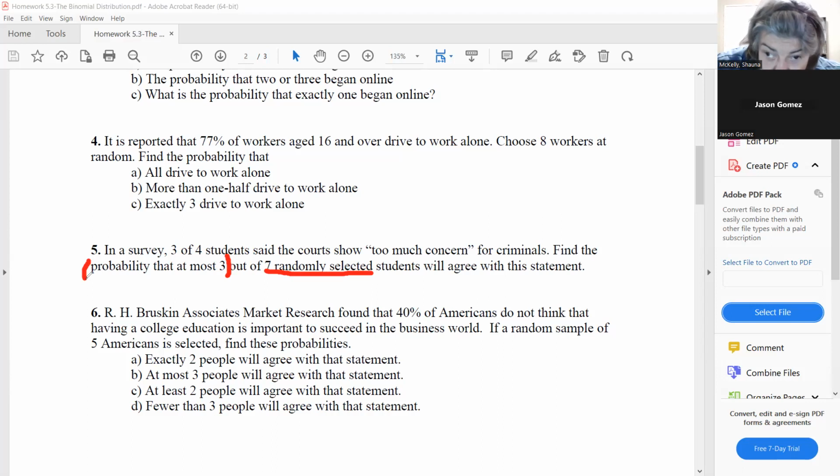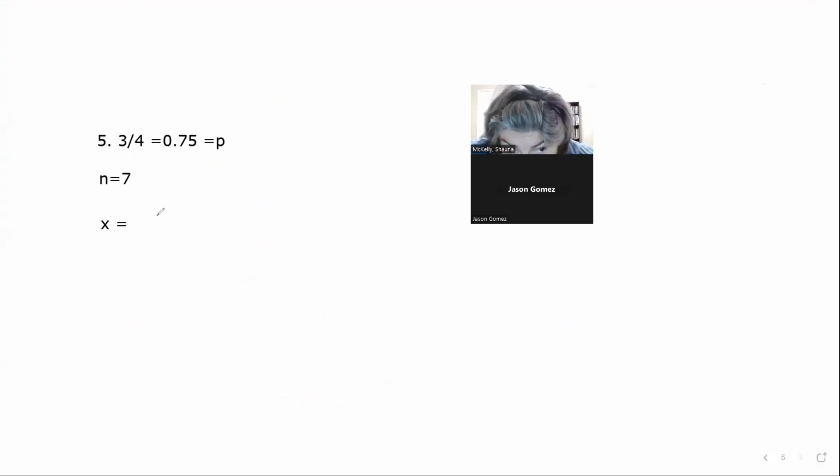Could be 2 people, could be 1 person, could be nobody, but we don't want more than 3 to agree with us. Before we calculate it, we're going to say that X is at most 3. This is 0, 1, 2, or 3 in this case, out of this number here.